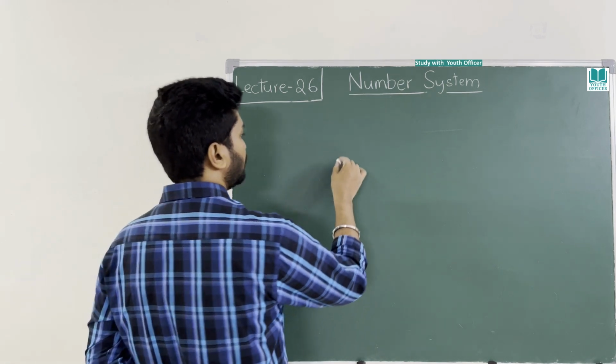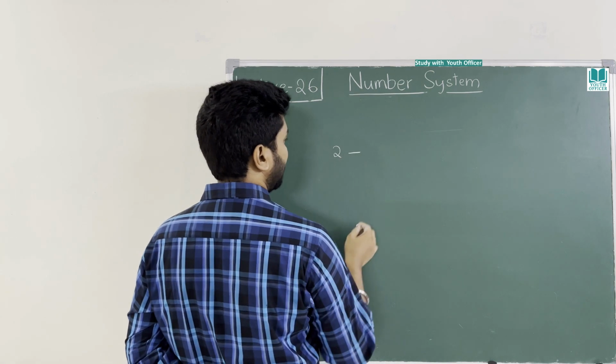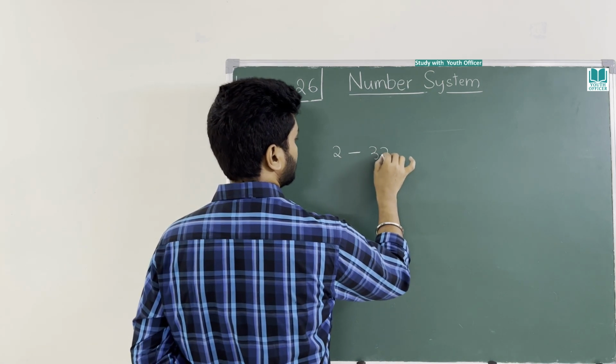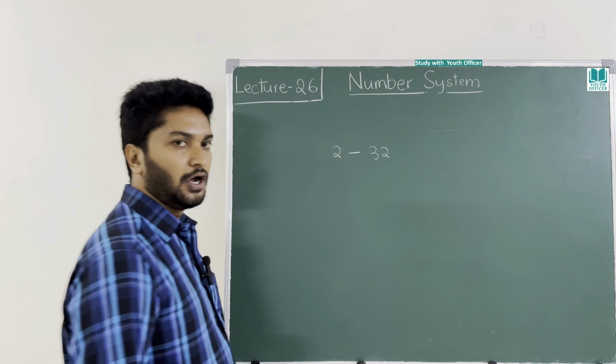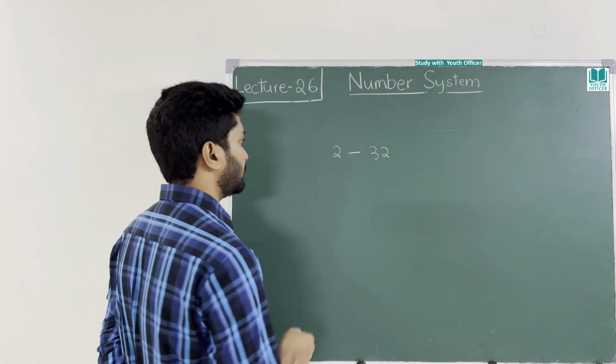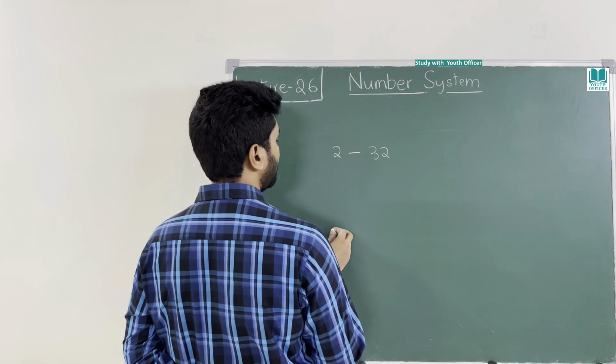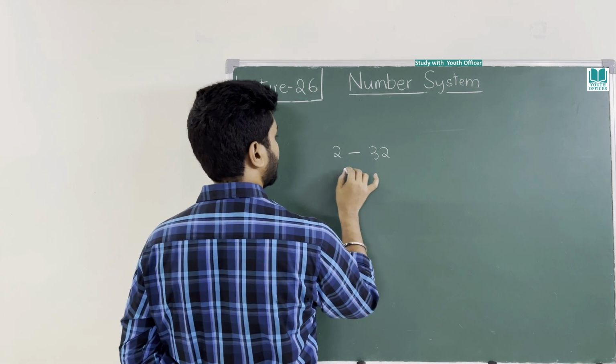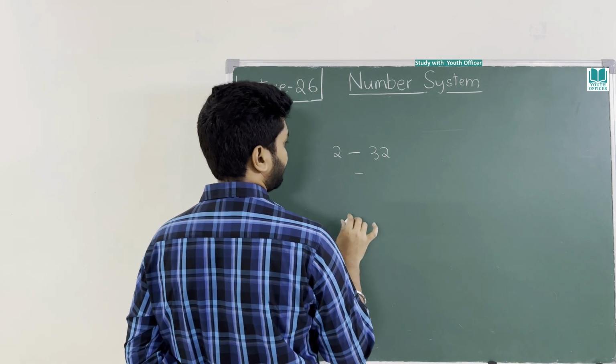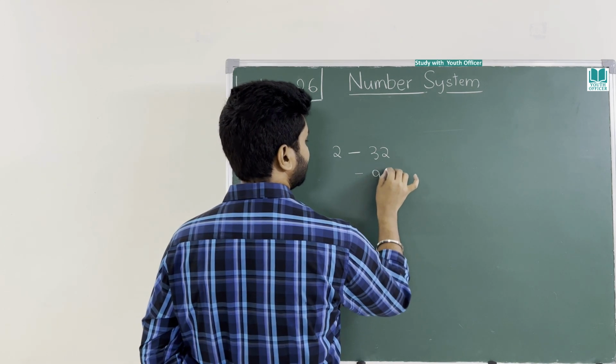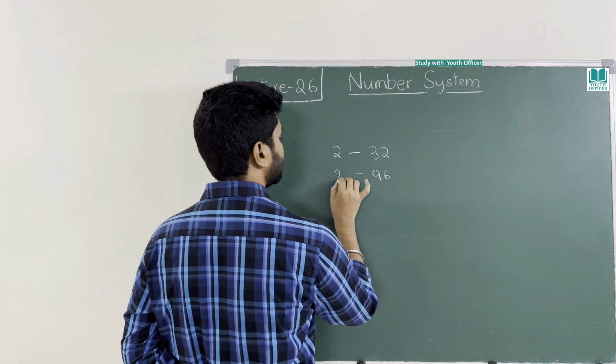There are two members who can eat 32 mangoes. Now they want you to find, to eat 96 mangoes, how many members are required?